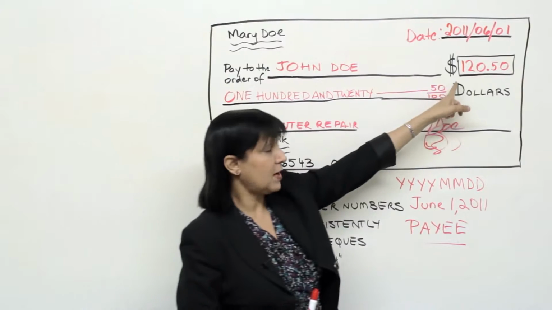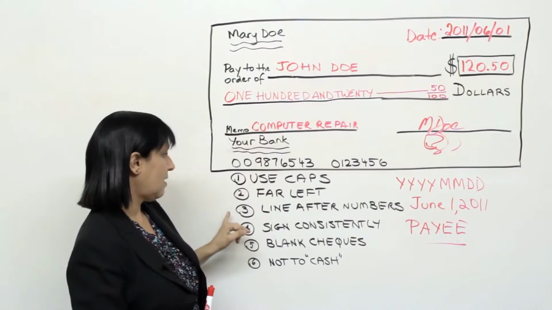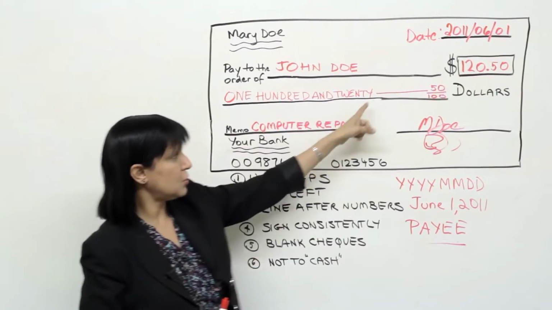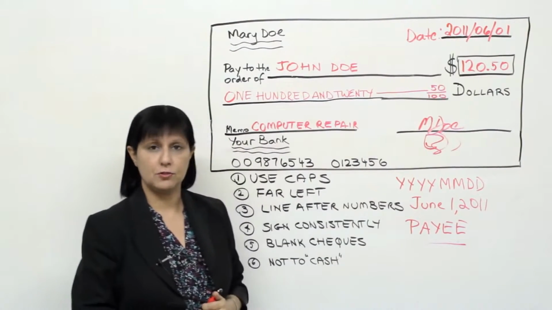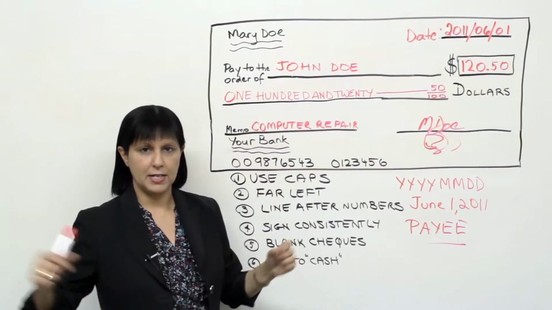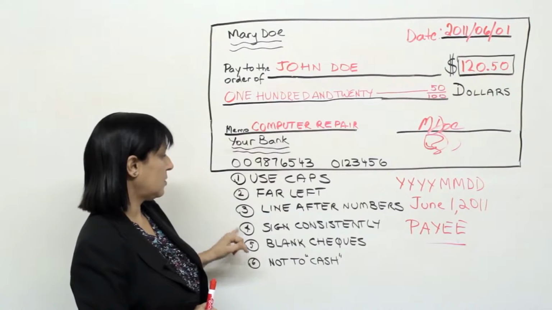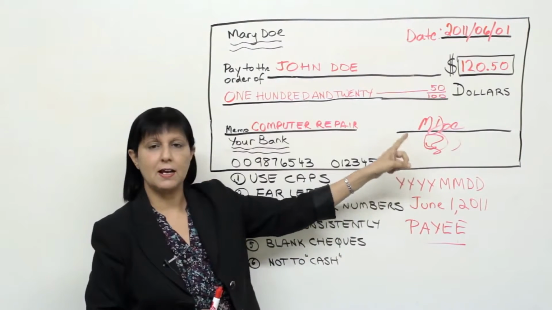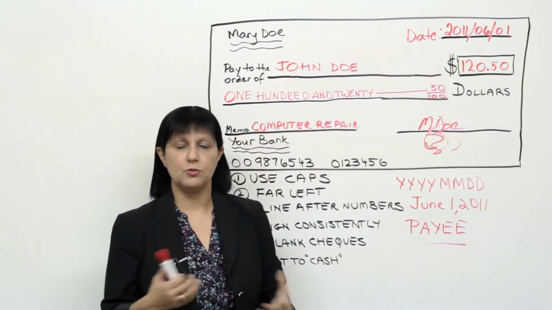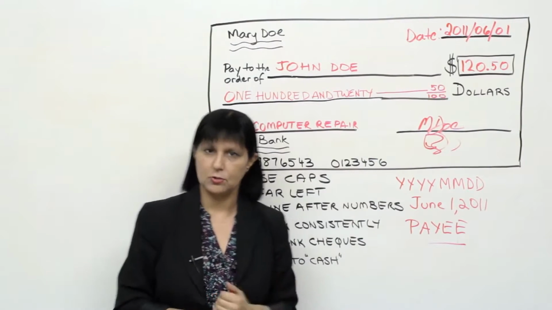Again, start writing your numbers at the far left, as I explained. Also, make sure you draw a line after the numbers all the way to the end so that nobody can write any more information or words there. Also, you want to make sure to sign consistently. Always use the same signature, whatever that signature is that you have registered with your bank.